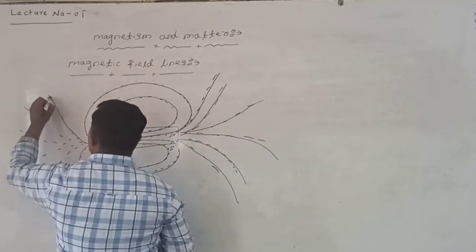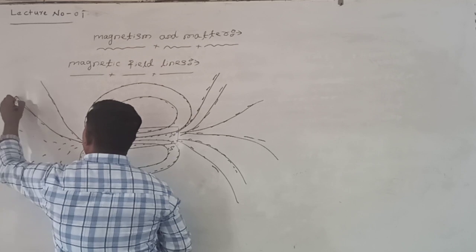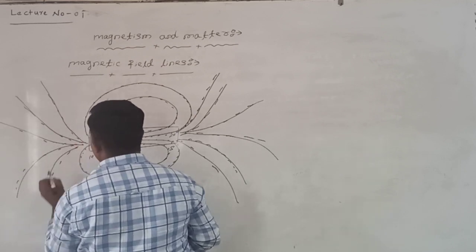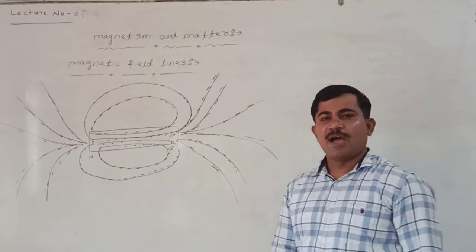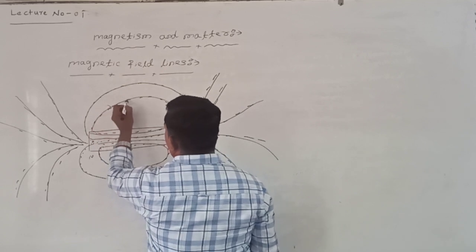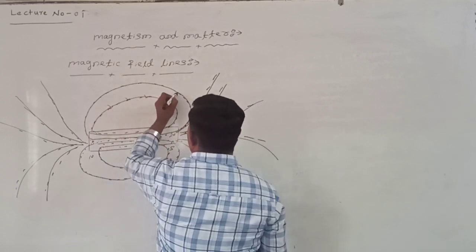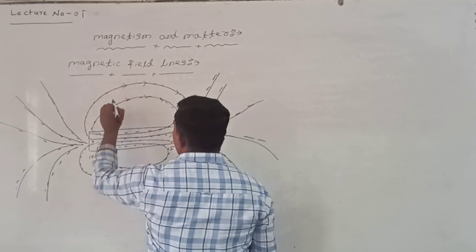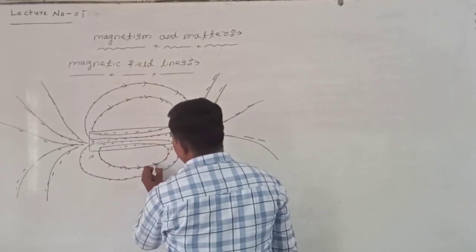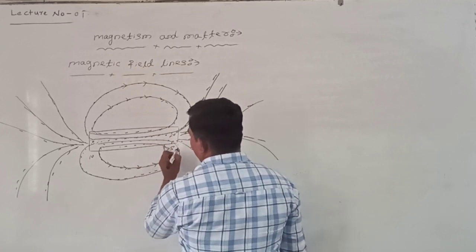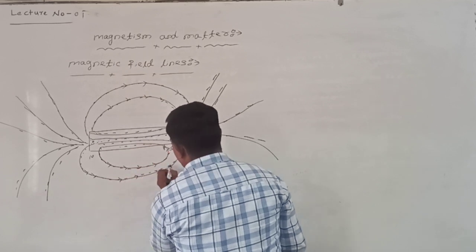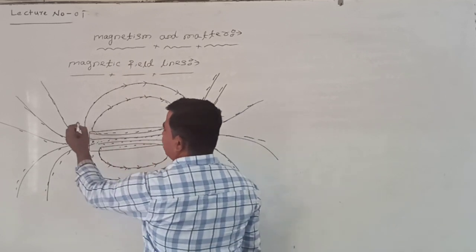How to understand this? When small iron pieces are spread around the given magnet, they will arrange in a different pattern, right or wrong? How will they move? The magnetic field lines move like this, from North Pole to South Pole. See here.